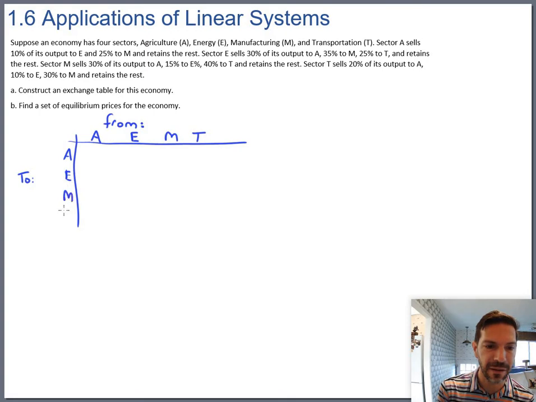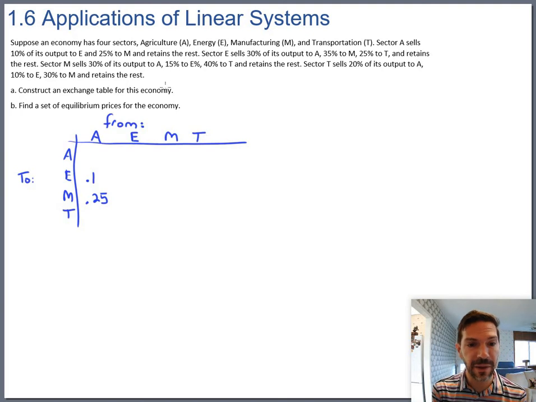Energy, manufacturing, transportation. Okay, so looking at agriculture, it says agriculture sells 10% of its output to energy. So from agriculture, 10% of that goes to energy. 25% goes to manufacturing. And it retains the rest. So what's the rest?